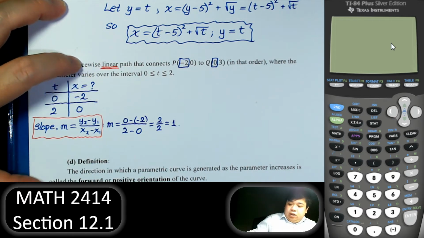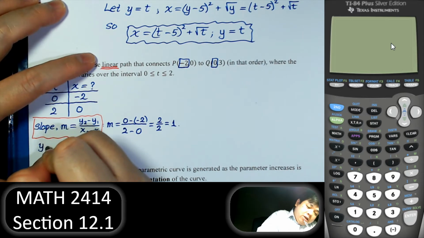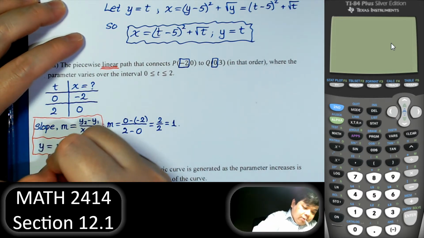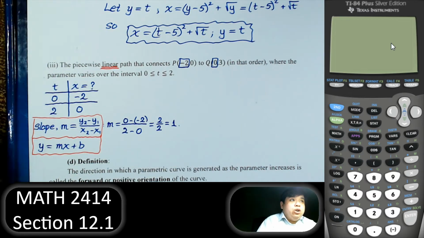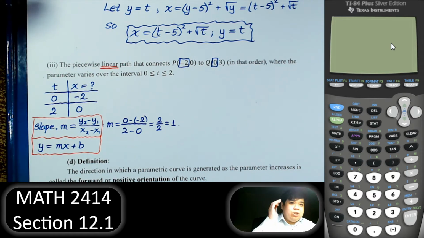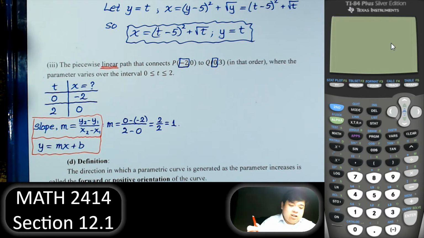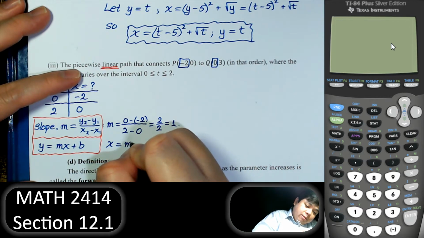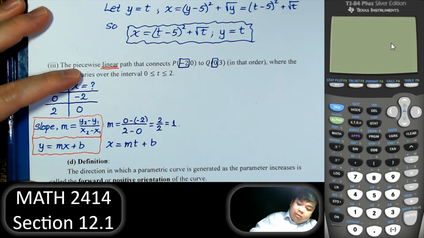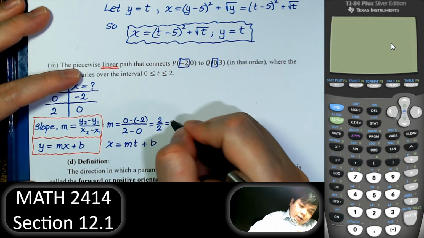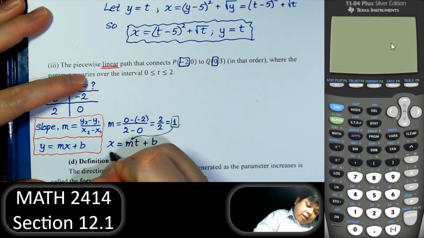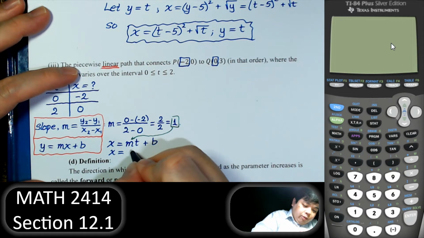And then next the equation is going to be y equal to mx plus b. But in this case, we're going to use x equal to mt plus b instead. So instead of x and y, we go to t and x. Right. So we have the equation x equal to mt plus b. The slope is 1, so x equal to t plus b.